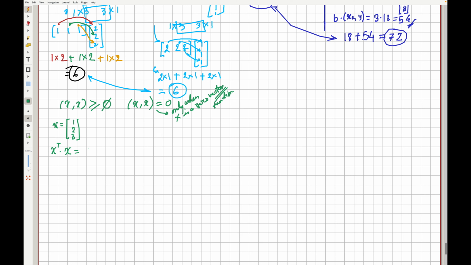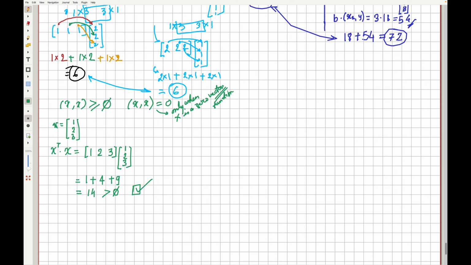So we have a row vector of 1, 2 and 3, and we are going to dot that with a column vector of 1, 2 and 3, and so in the output what we get is simply 1 times 1 which is 1, plus 2 times 2 which is 4, and then we have 3 times 3 which is 9, and so if we add this we get a value of 14, and again 14 is greater than 0, and so this property that we said here does hold.